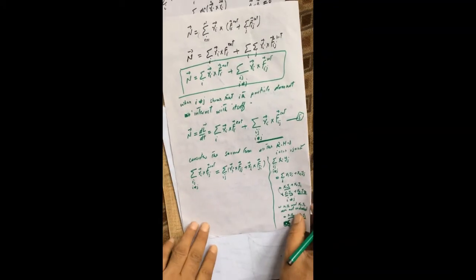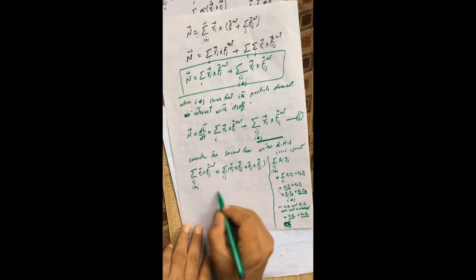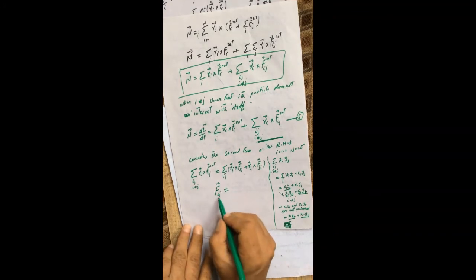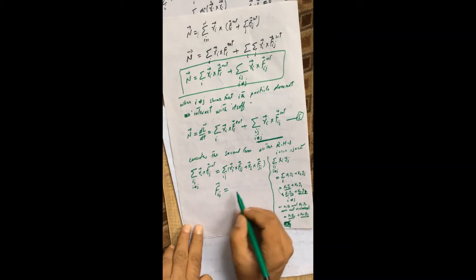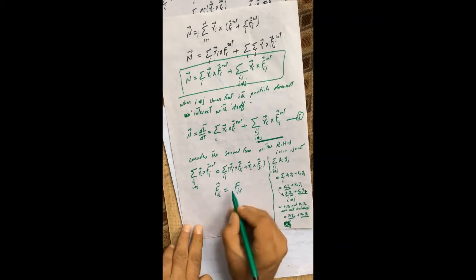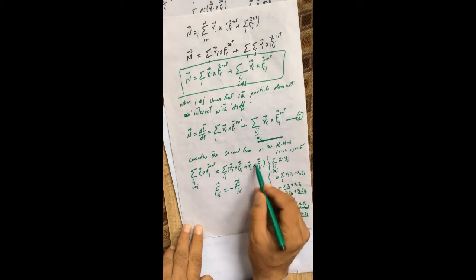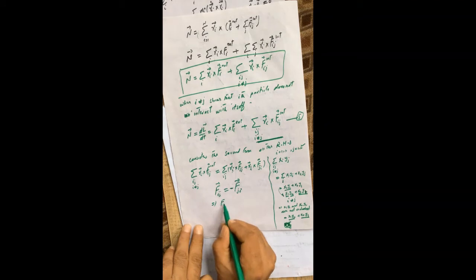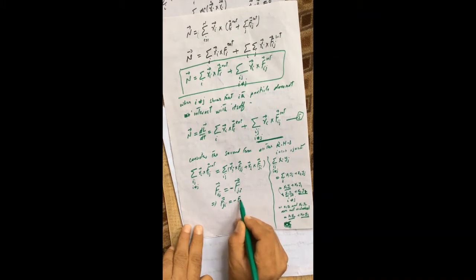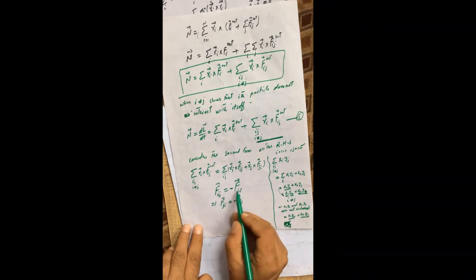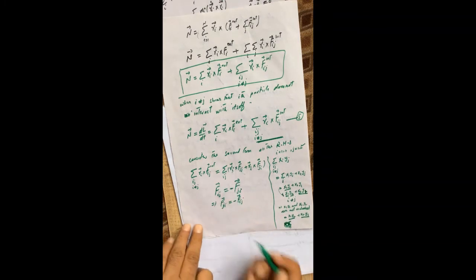And we know, according to Newton's third law, that the force acting on the ith particle due to the jth particle is equal to the force acting on the jth particle due to the ith particle, but opposite in direction. So I can replace Fji by minus Fij. These two forces are equal in magnitude but opposite in direction.